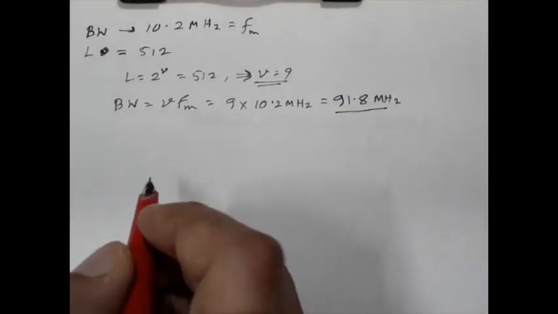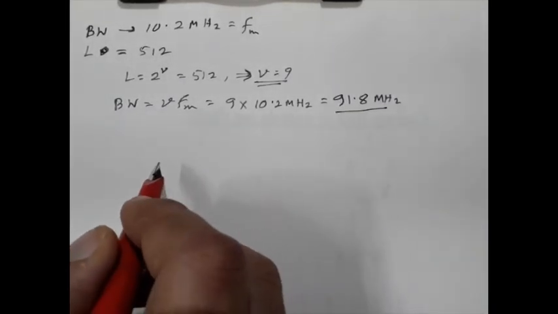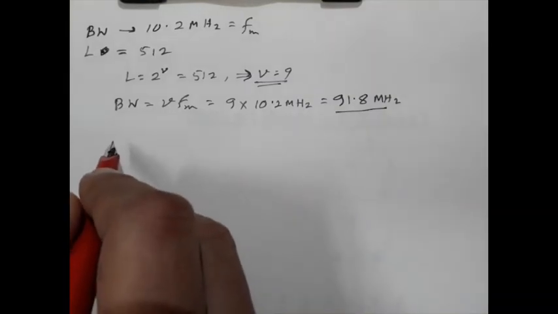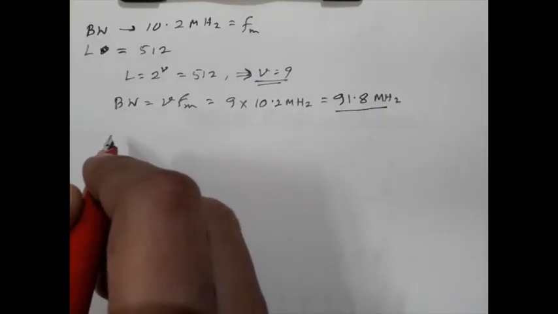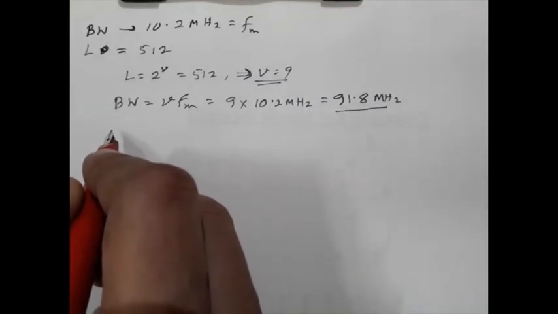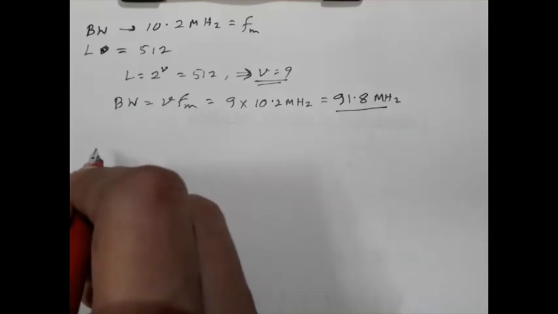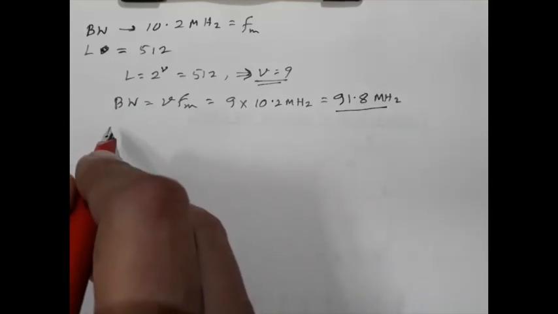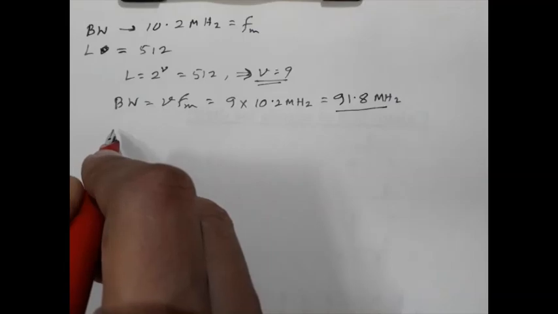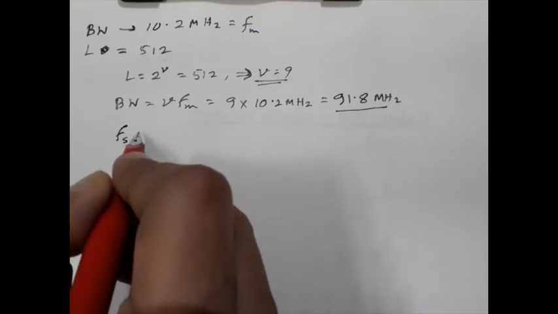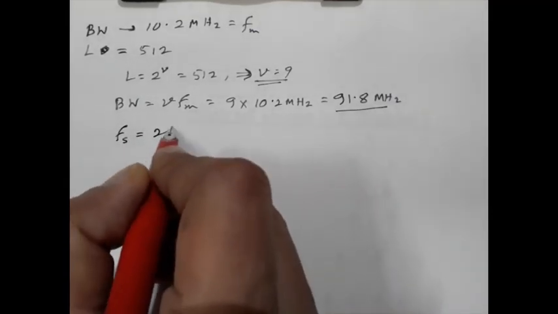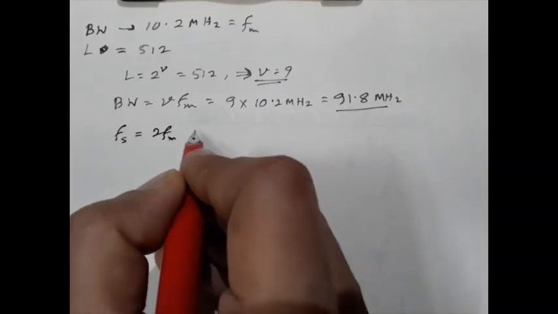To determine the third question, the final bit rate, we have to first determine the number of samples per second. Assuming we have sampled it at the Nyquist rate, the sampling frequency must be equal to twice fm.